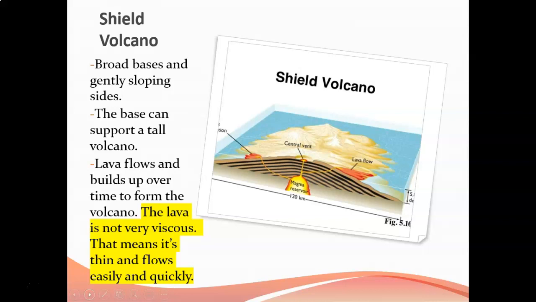It's quite runny. It can flow quite quickly, and it flows very easily, and that's why the shield volcano has these gently sloping sides, because the lava can flow for quite a long distance before it stops and starts to build up. So we have these very wide shield volcanoes because of the thin, runny, easily flowing lava.